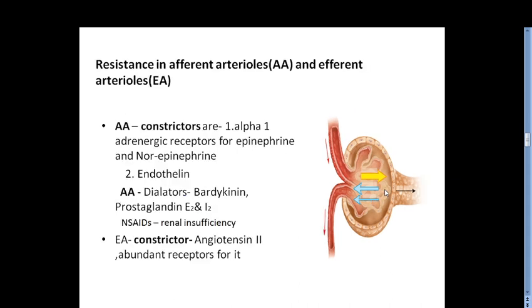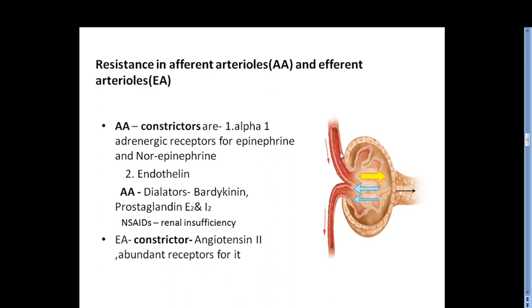Another factor related to the glomerular hydrostatic pressure is the afferent arterioles and efferent arterioles. There are certain variations in the diameter of the afferent arterioles under different conditions.